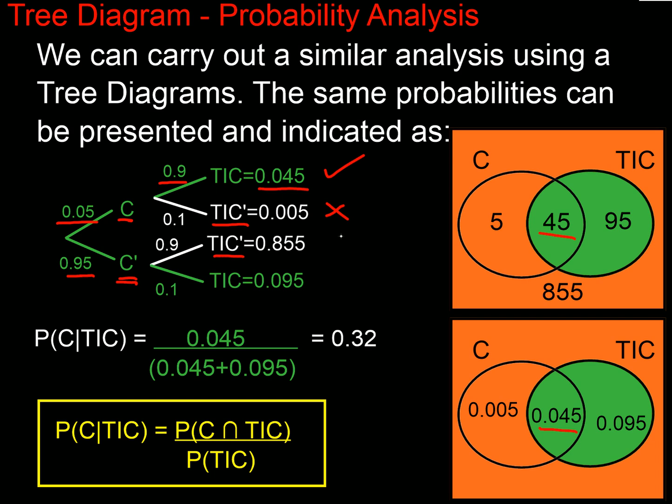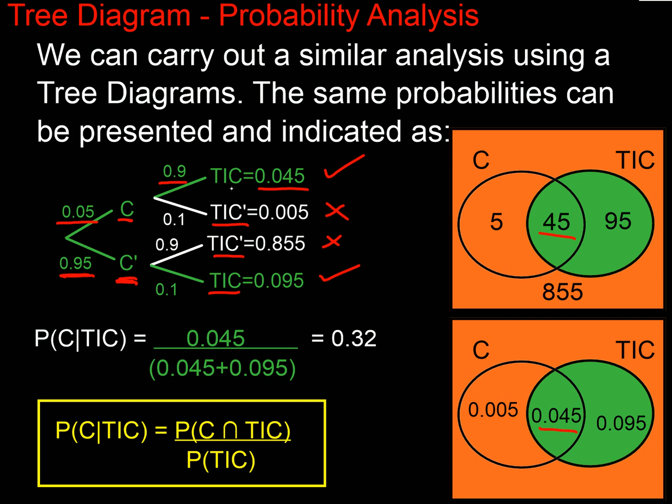So there's our 855 women again who've not got cancer and are not indicated as having it. That doesn't meet our condition either. But our final outcome is the women who don't have cancer, but the test indicates that they do. And our probability there is 0.95 times 0.1. There's our 0.095. And that meets our criteria, doesn't it?